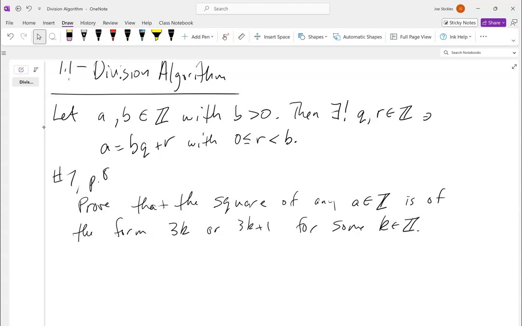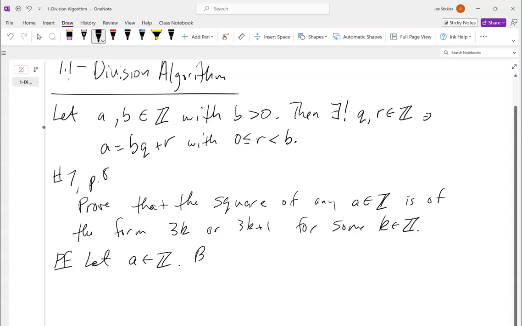Okay. So let's go in here and take our a. Let a be an integer. Let's take a and divide it by 3 first. So by the division algorithm, what do we know?